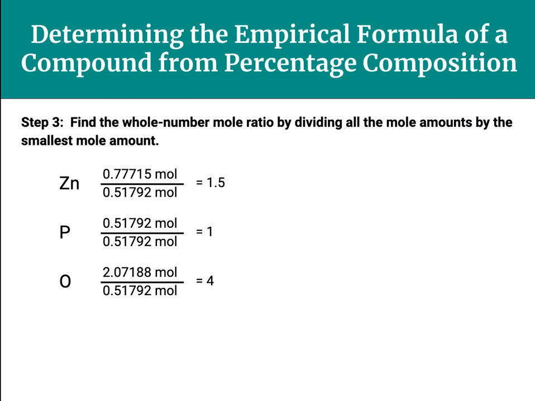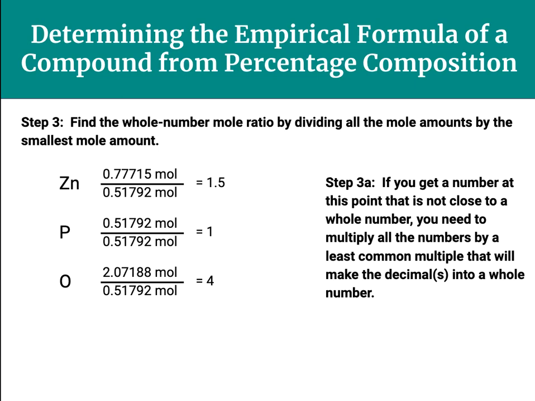But again, we need whole numbers. So if at this point you don't get a number that's really close to a whole number, say it's close to 0.5, then what you need to do is multiply all the numbers by a least common multiple that will make the decimal into a whole number. So in this case, if you multiply everything by 2, everything becomes a whole number.